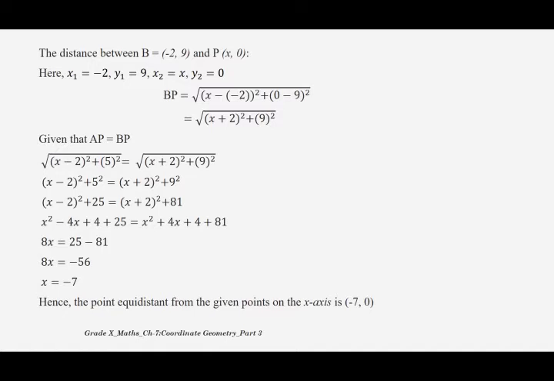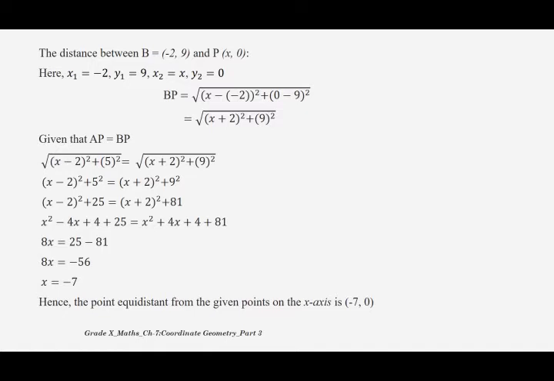Then x square and x square will get cancelled. 4 and 4 on both the sides will also get cancelled. We are left with 8x equal to 25 minus 81 after taking all the x terms to one side and all the constants to the other side of the equation.